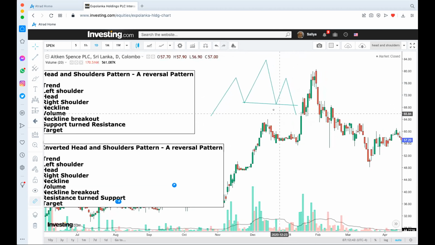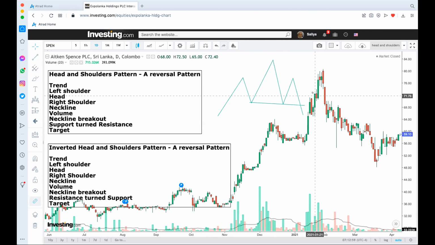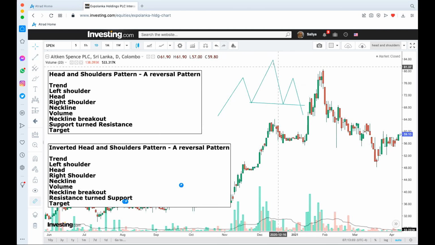Right. So this is the formation of the head and shoulder pattern. Why we are saying head and shoulders is because the middle high is higher than the other two highs. That basically has to be the case, right? Sometimes that head could be at a higher level compared to the two sides, the shoulders.